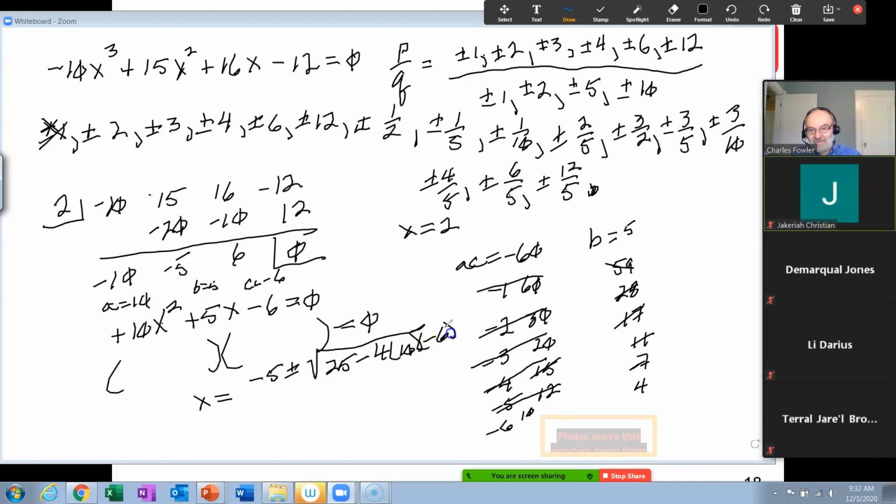Thank goodness for that minus sign. And this will all be divided by 2a, which would be 20. 2 times 10 is 20.